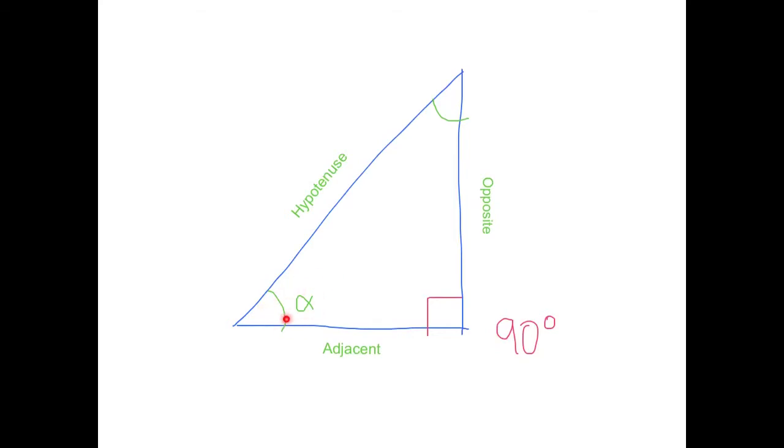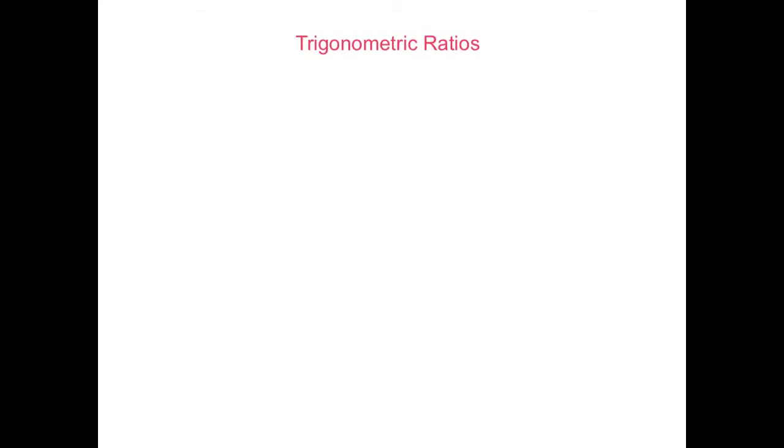And now we have names for all three sides of the triangle in terms of angle alpha. Okay, so now that we have established names for all sides in our triangle, we can create ratios that compare one side to another side. So we're going to be taking pairs of these three sides and comparing them in a fraction. For example, a ratio is just anything, like x over y.